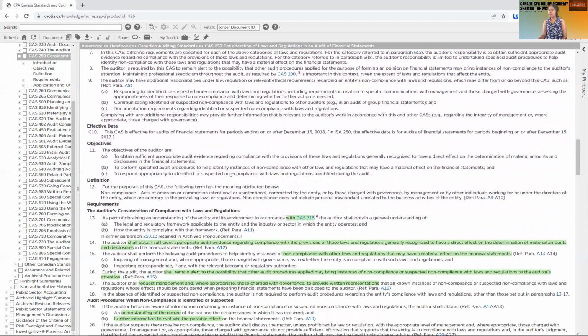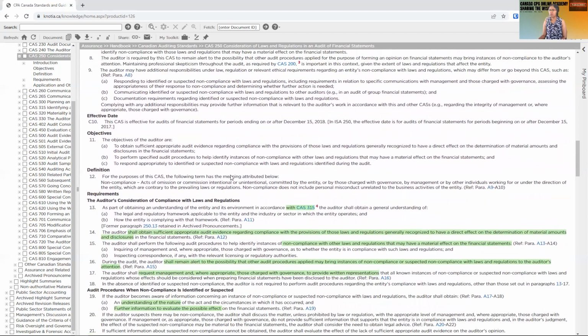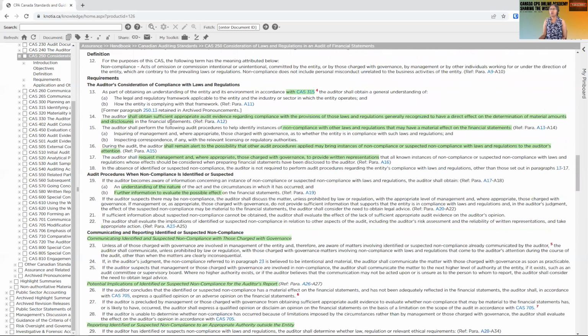Now, after that, if we go to the requirements section, auditors' consideration of compliance with laws and regulations. This goes hand in hand with CAS 315. 315 is identifying and assessing the risk, because non-compliance can increase the risk materially because of the potential nature of the fines or lawsuits and the contingent liability part of it.